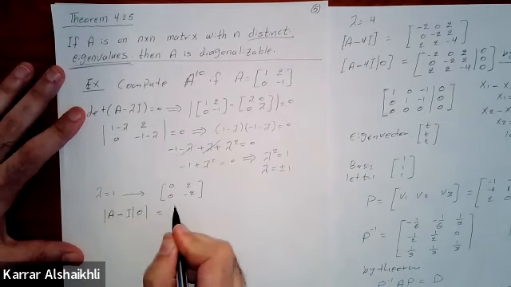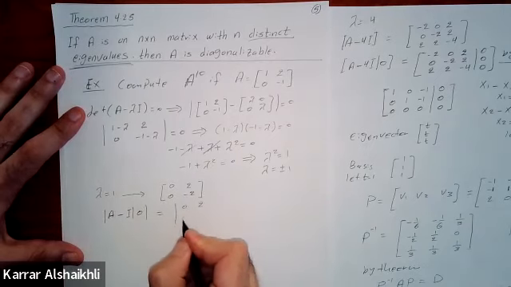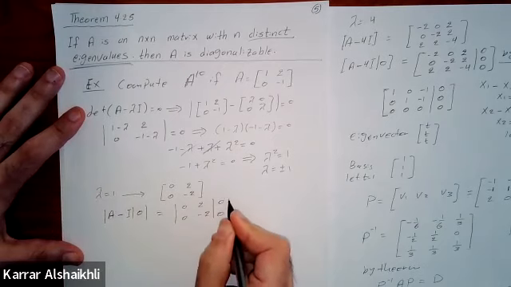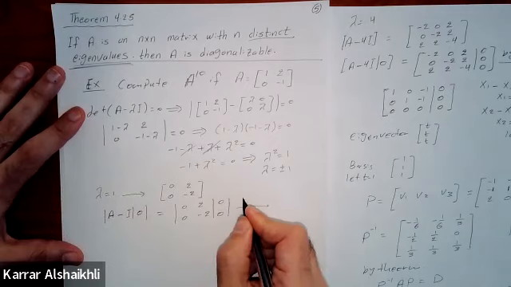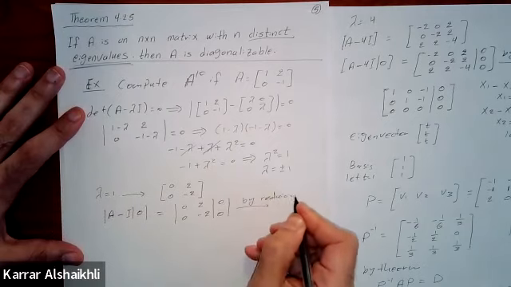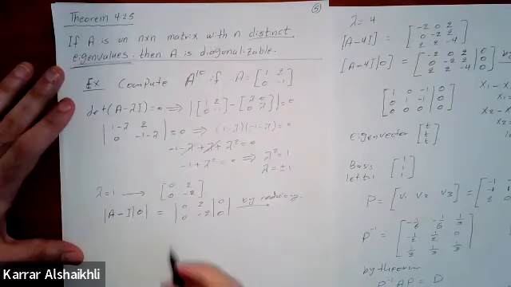It's going to be 0, 2, 0, -2. Here's 2 zeros. By reducing, we're going to cancel this 0 and convert this one to 1.